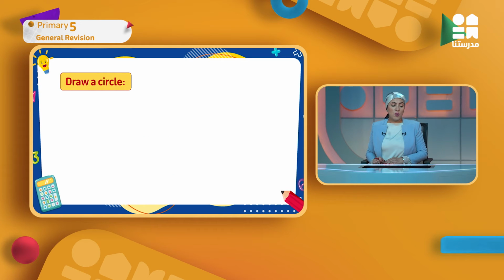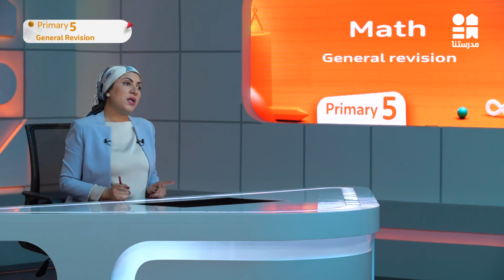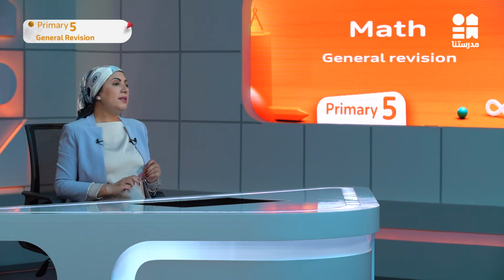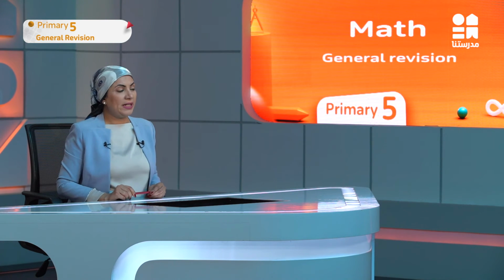Now draw a circle. Its center is B and its radius is 4. So again I take the ruler and my compass and stretch the arms of my compass to 4 centimeters. I start to measure from 0 to 4. That's it, this is the radius of my circle.